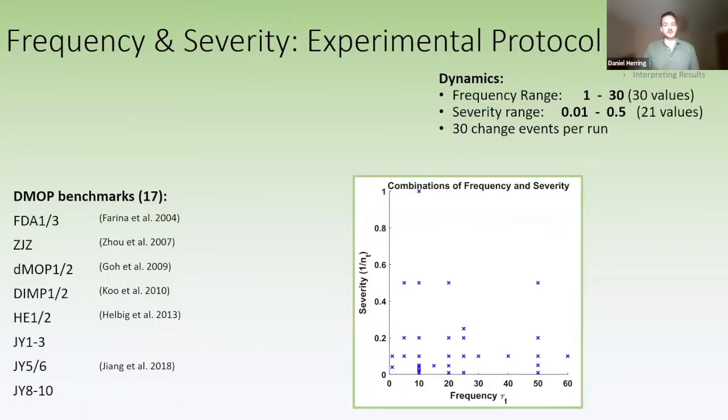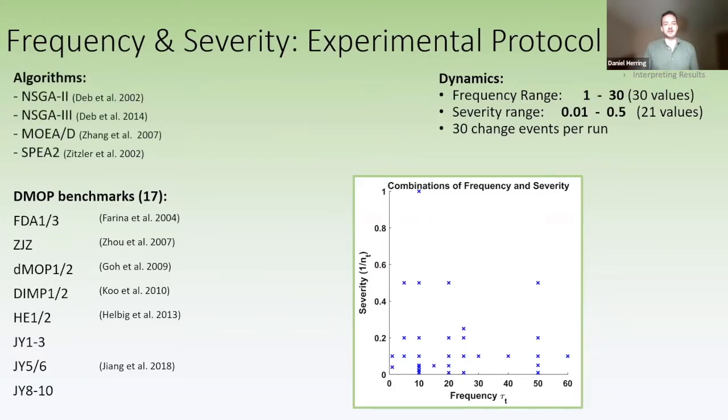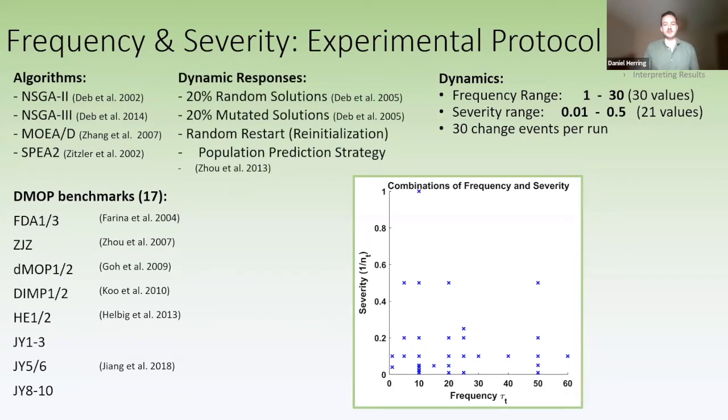So to summarize the experiments conducted, to answer that initial research question, the 4 algorithms and each of their variants are examined on each of 17 benchmarks from a variety of well-studied and more recent suites across a range of 630 combinations of frequency and severity parameters.